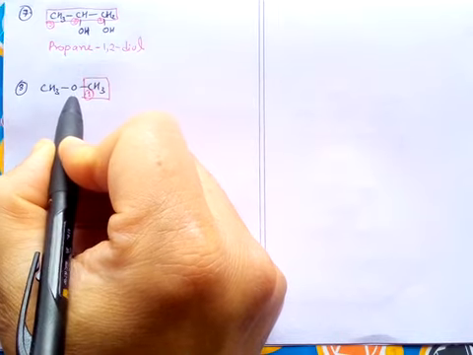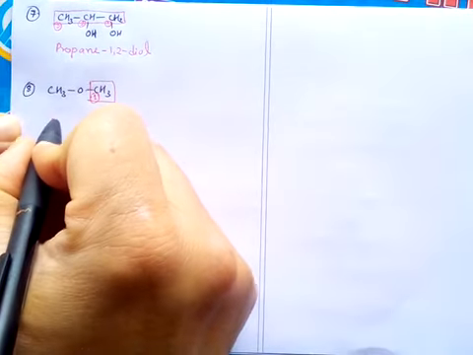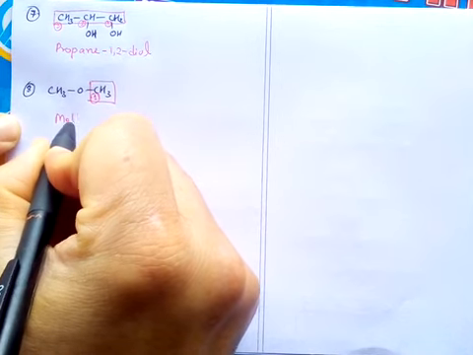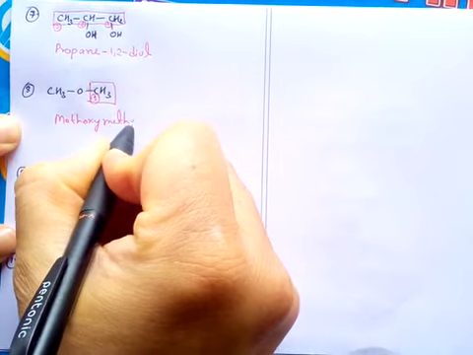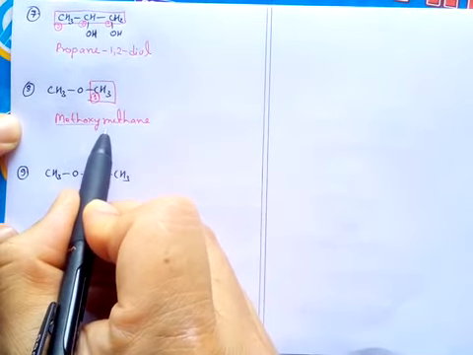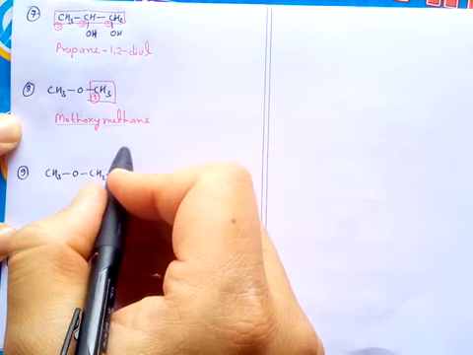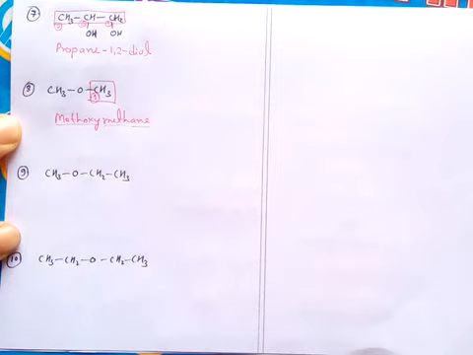So the CH3O is your branch, and it is called methoxy. So methoxymethane, because methoxy is your prefix, meth is your word root, and an is your primary suffix.